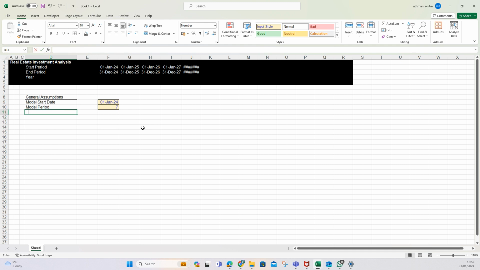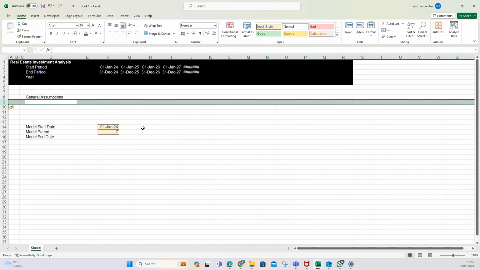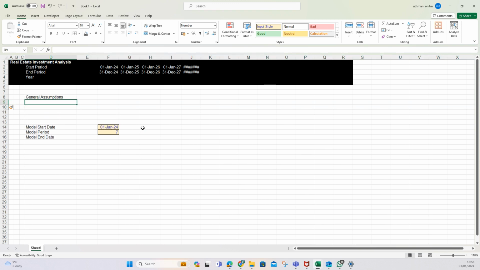Then equals model. We can then formularize this to say you could use months. So let's do this.